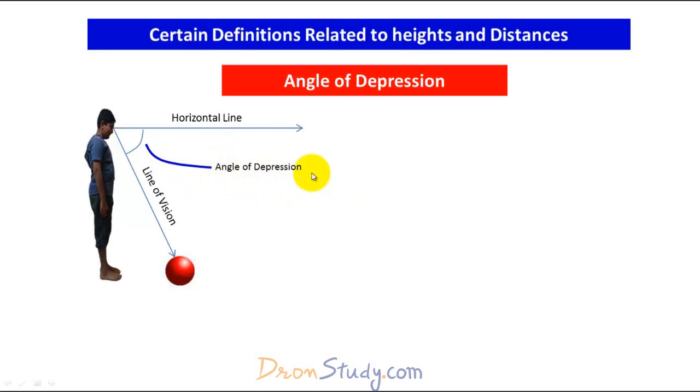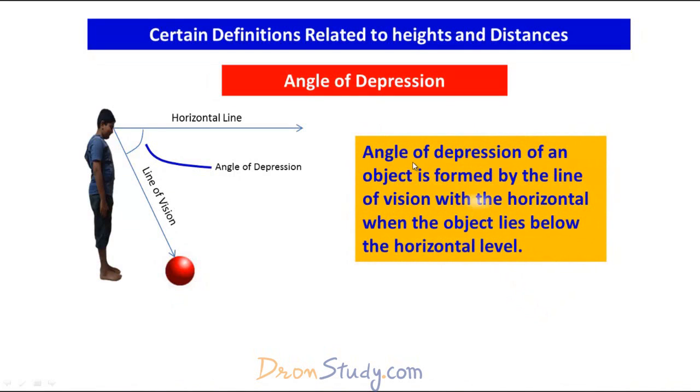So the important thing here is that the angle of depression is formed when the object lies below the horizontal line. Therefore the angle of depression of an object is formed by the line of vision with the horizontal when the object lies below the horizontal line.